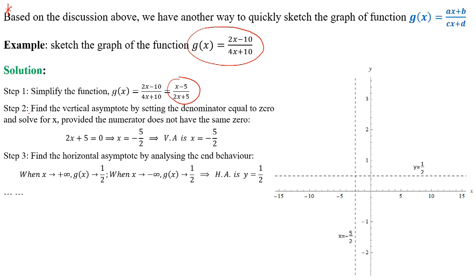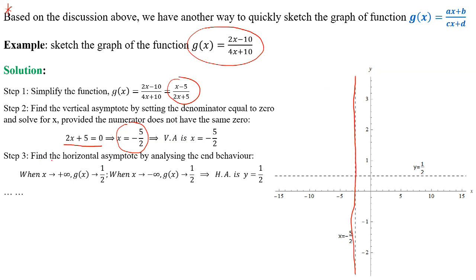Okay, step 2, find the vertical asymptote by setting the denominator equal to 0 and solving for x. So if we set 2x + 5 to 0, you can solve that x is -5/2. So that means the vertical asymptote is x = -5/2. Okay, so we can draw the vertical asymptote first.